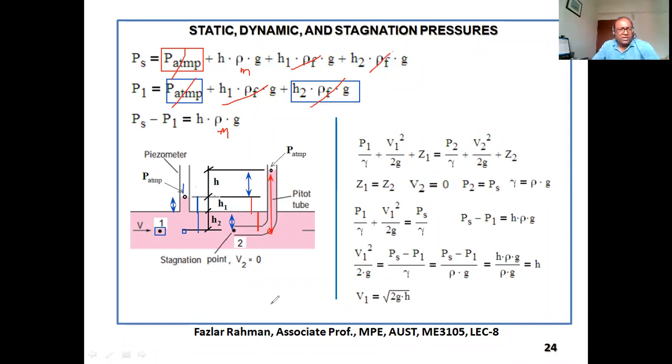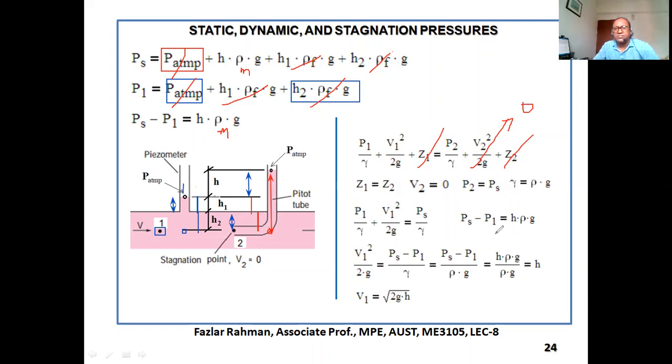Now, if you apply Bernoulli's equation between points 1 and 2, then what are you getting? This is your Bernoulli's equation. V2 is 0, Z1 and Z2 are the same. P2 means PS. So our equation: PS by gamma equals V1 square by 2G plus P1 by gamma.